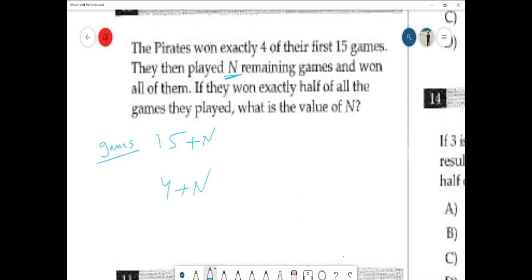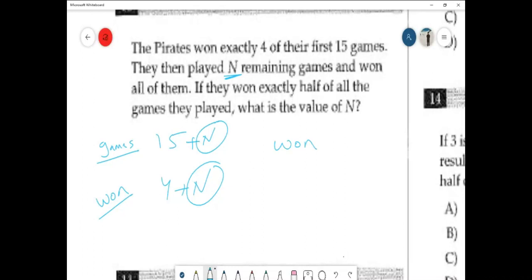So I will add n to it, because after n games they won all of them. I will add n to both the number of games played and the number of games won. So I add n to won games, and I add n to the number of games played. Is that clear now, Abu Bakr?